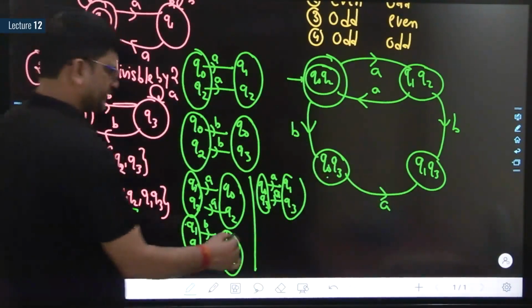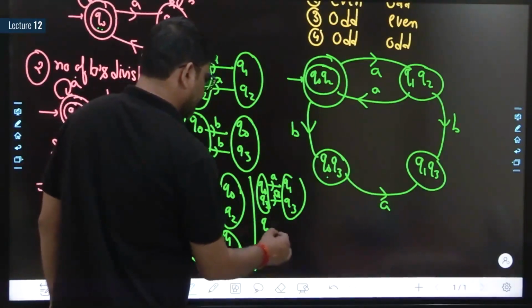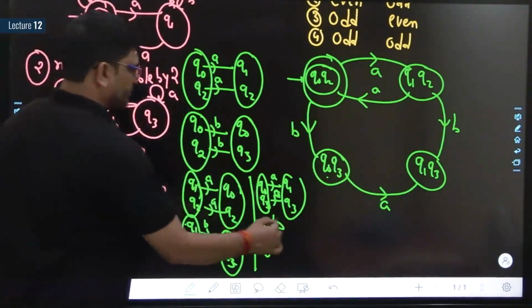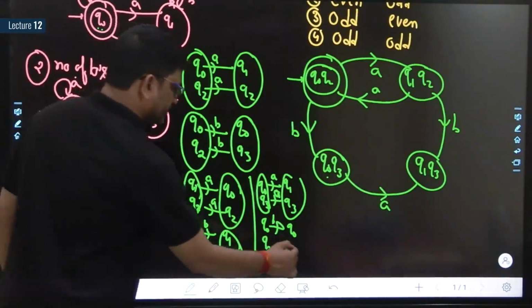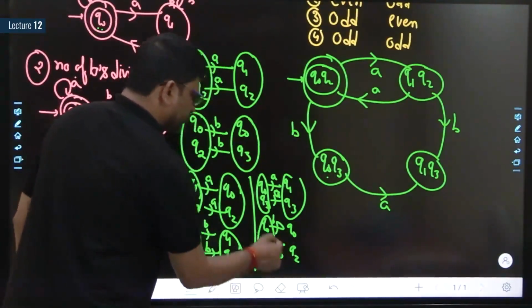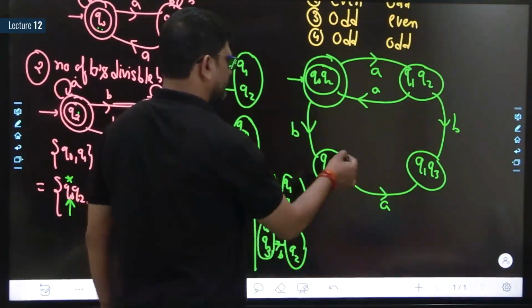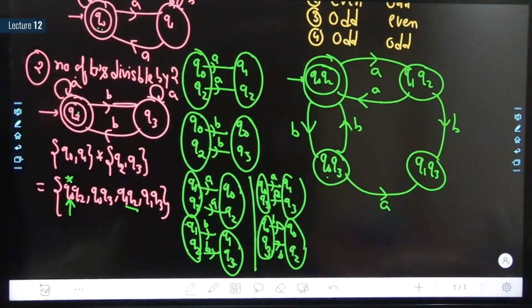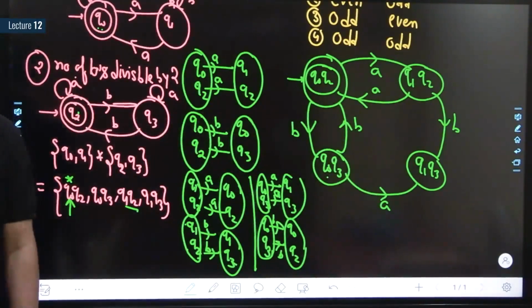Now the transition of B on Q0Q3: Q0 on B goes to Q0, Q3 on B goes to Q2, so Q0Q3 on B goes to Q0Q2. Clear?